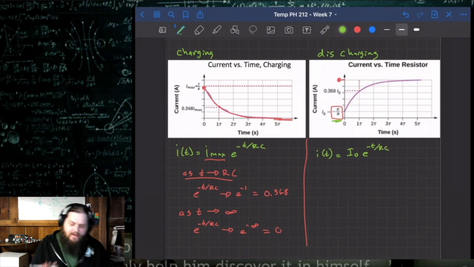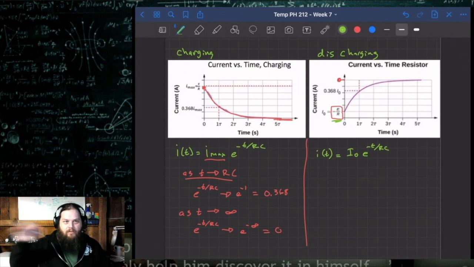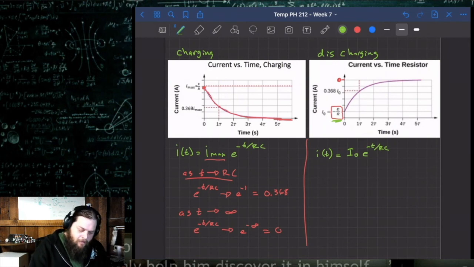So again, this is an exponential function. It's going to be a negative exponential function, which is why it's flipped down. And it's got this exponential decay, kind of logarithmic decay up to 0. We can see the behavior of this as time is approaching RC, one time constant. Again, e to the negative t over RC is going to approach e to the negative 1, which is equal to 0.368.